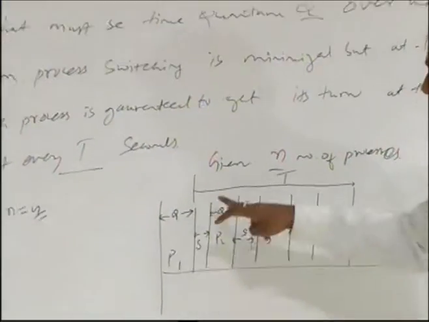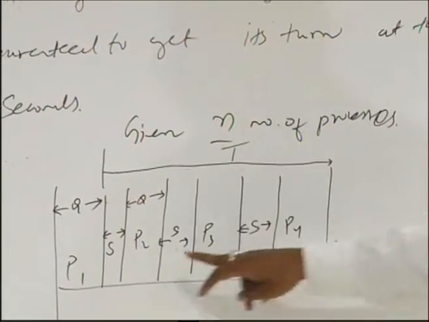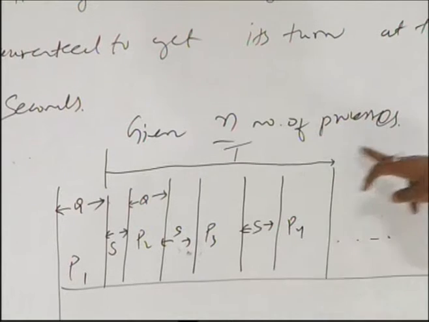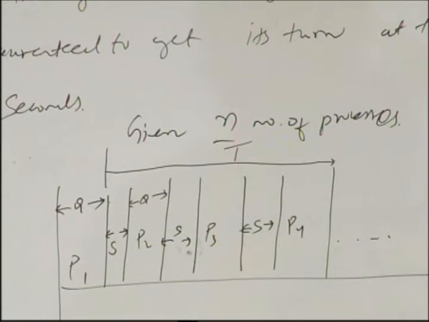So this process P1, after this T seconds it gets a chance. For this process P2, this T starts from here, then process P2 has to get some chance for execution. So this is T.